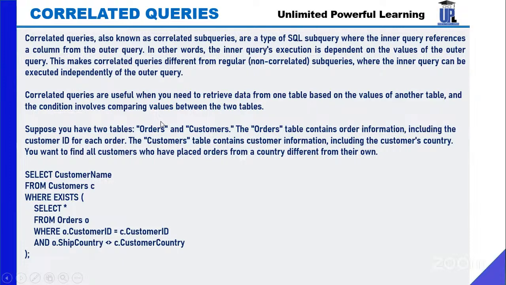Here, customer ID does not belong to the subquery. It belongs to the outer query, the outer table. Every record of this will be passed here, then this will be executed. Such queries are called correlated queries. Please understand the execution concept of correlated queries.